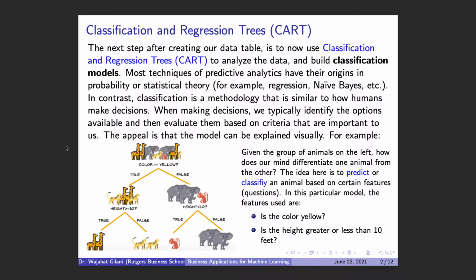Where more of your classifiers or algorithms that are utilized in machine learning come from the world of probability and statistics, right? For example, regression, naive Bayes, etc. This methodology is more similar to how we as human beings make decisions, right? Which is why I love it.